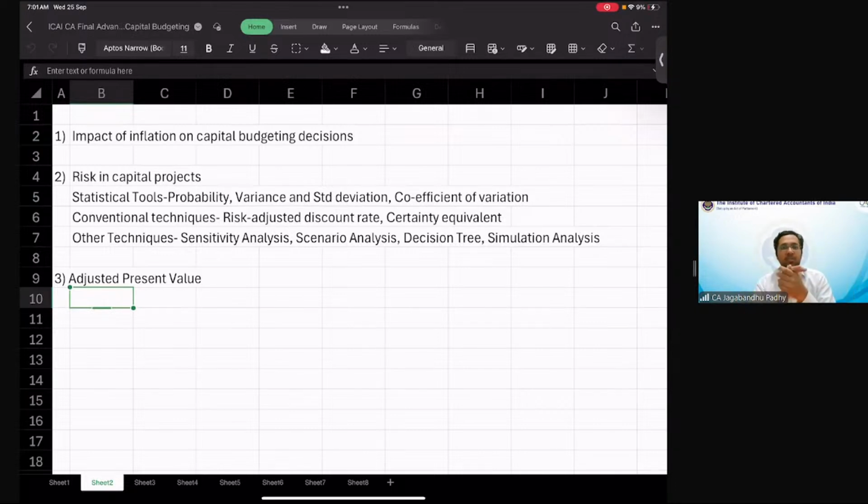It was about inflation adjustment, measuring the risk of the capital projects using the statistical tools, conventional tools, and some other techniques. And then we have the decision tools like the decision tree, simulation, adjusted PV, right?